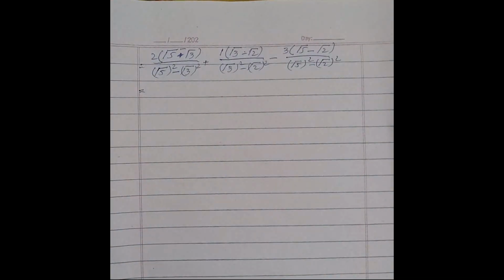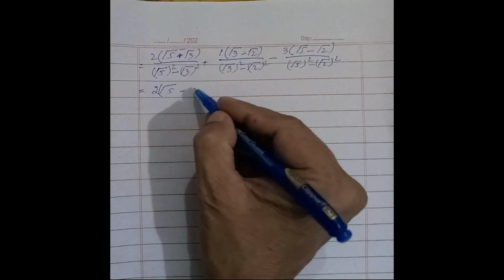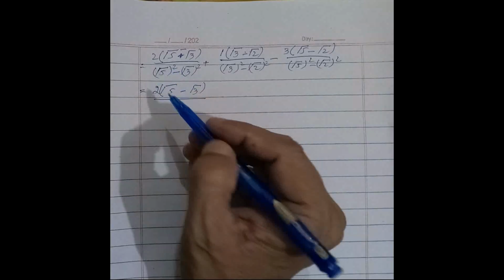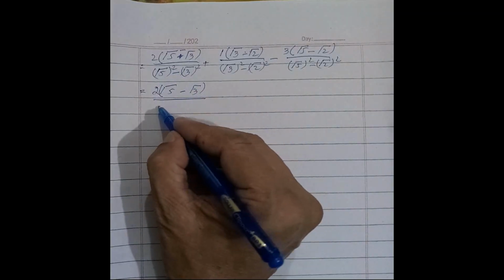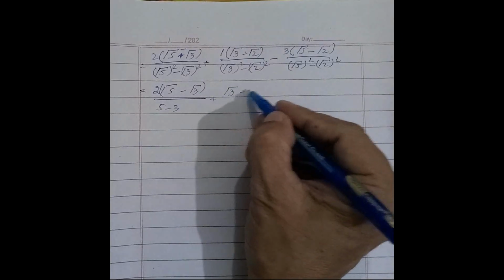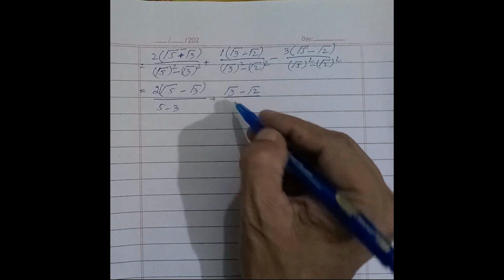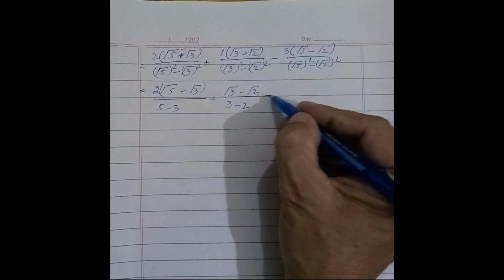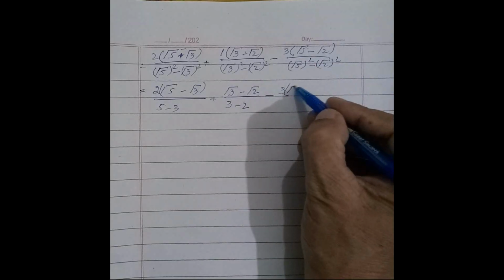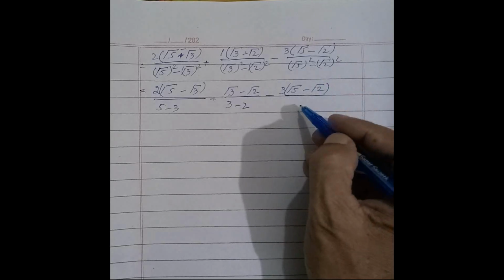Now we simplify these values. We get 2 into square root 5 minus square root 3 over, square and square root cancel. We have 5 minus 3, plus square root 3 minus square root 2 over, square and square root cancel, we have 3 minus 2, and the same, 3 square root 5 minus square root 2 over 5 minus 2.